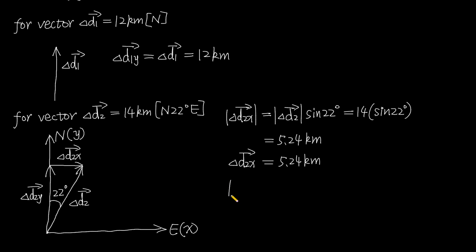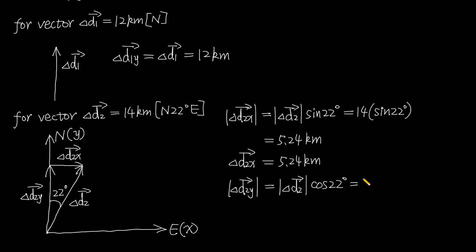Then the magnitude of delta d2y equals the magnitude of delta d2 multiplied by cosine 22 degrees.